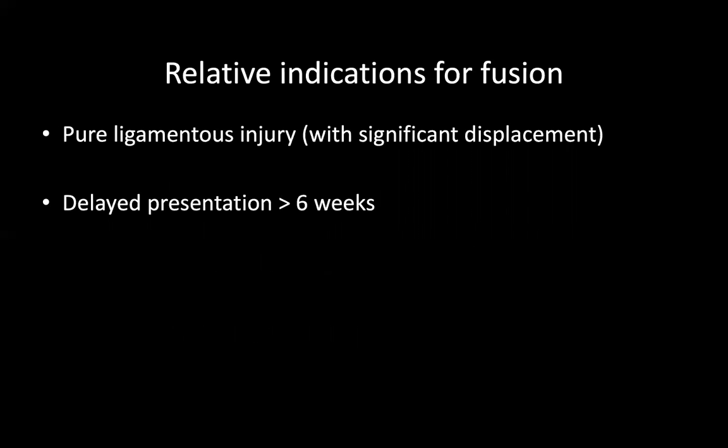So not the athlete who was playing sports and got a Lisfranc, but the higher energy ones. And then delayed presentation. So patients who come in late, I just don't think you can get as reliable ligamentous healing. And so you're much more likely to go right to fusion in that situation.